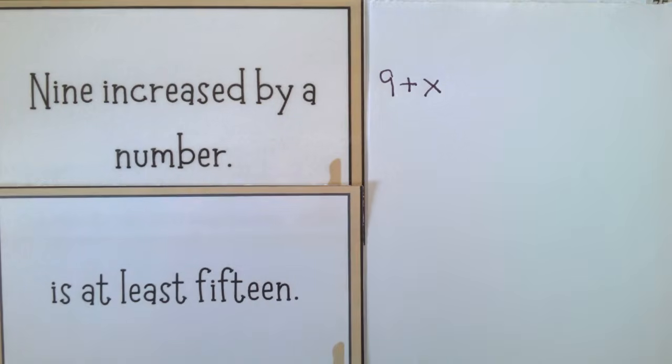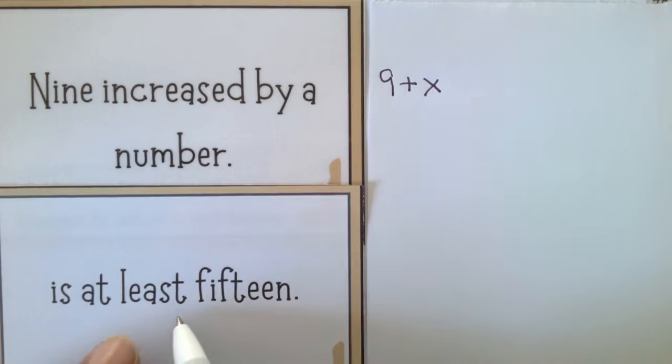Alright, so here we go. Anytime they say is at least, we're looking at an inequality. If they ever say is less than, is more than, is at least, is at most, we're talking about inequalities.